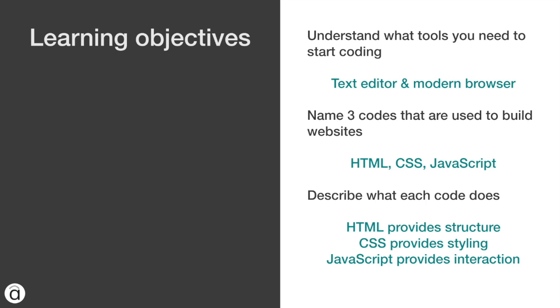Name 3 codes that are used to build websites. Well, hypertext markup language, otherwise known as HTML, CSS, which stands for cascading style sheets, and then there's JavaScript. And what does each one of these do? Well, HTML provides the structure, CSS provides the styling, and JavaScript provides the interaction.